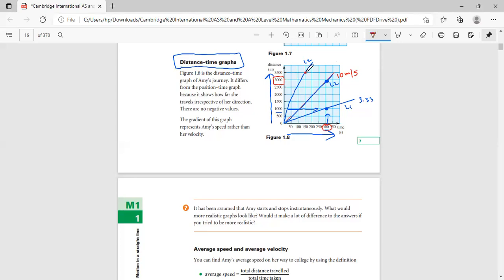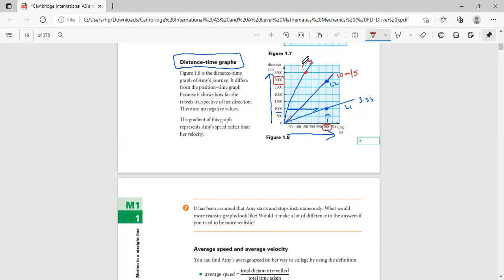If I take this point, because you can take any point on this line, what is the speed of this? This one is L3 basically. It is 23.3, recurring.